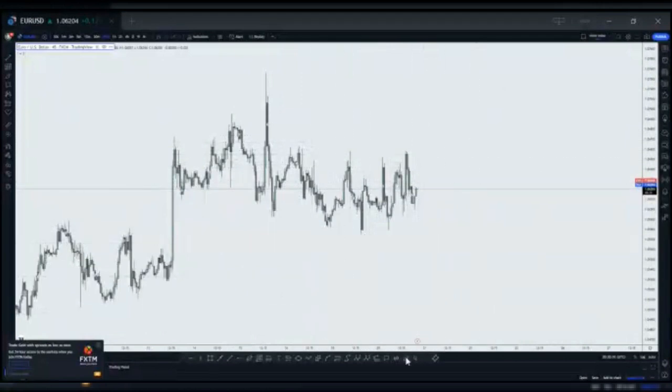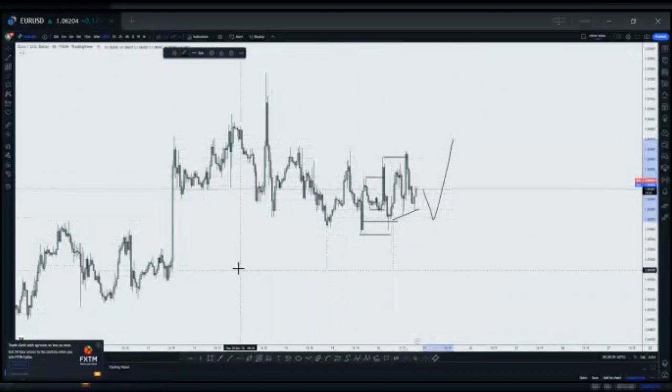As you can see, the order flow of this is looking bullish right here. You see? So something like this is also possible.